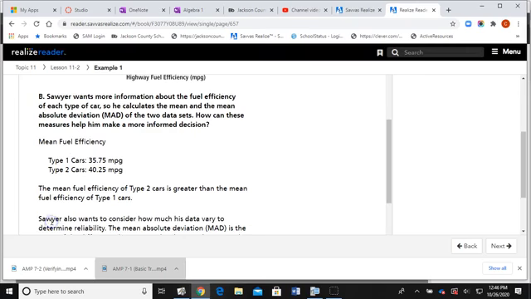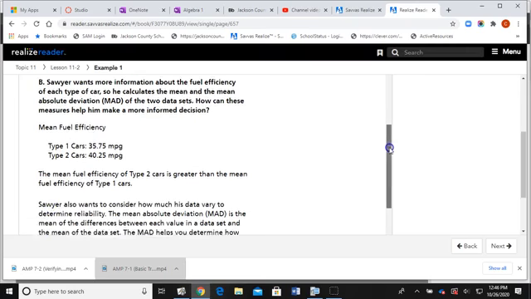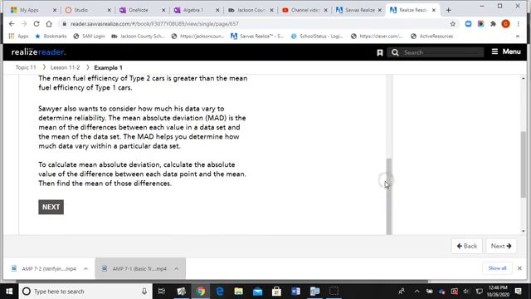Okay? The next one, the mean absolute deviation. It is the mean of the differences between each value in a data set and the mean of the data set. All right, so what does that mean? Differences. What are we doing when we're finding differences? Subtracting. And so we're subtracting the value of each number in the data set minus the average.